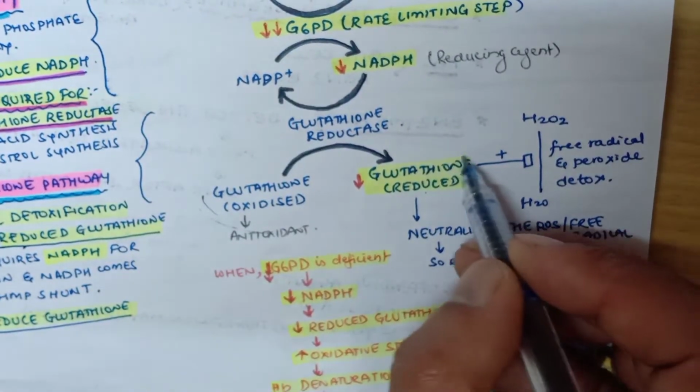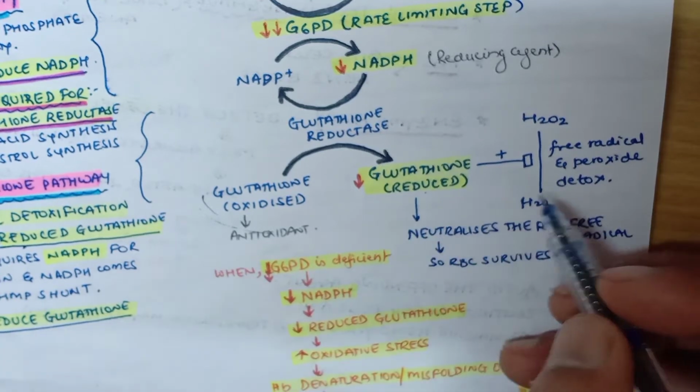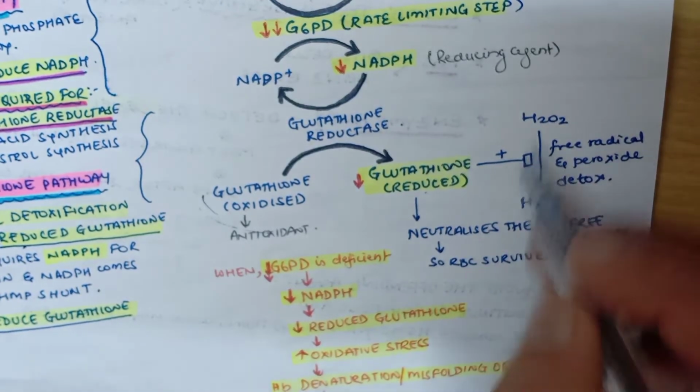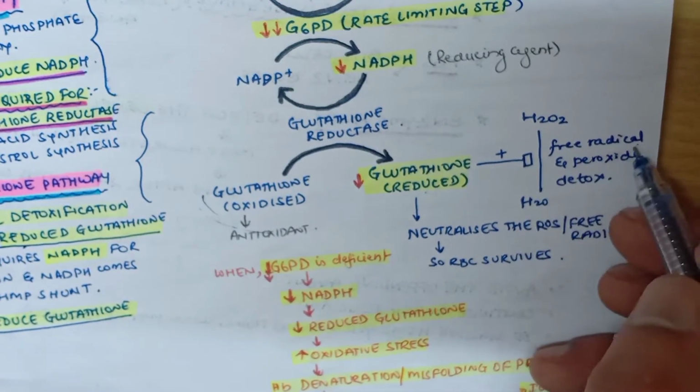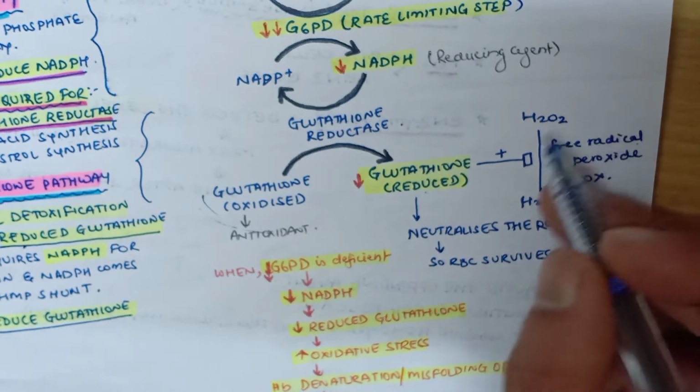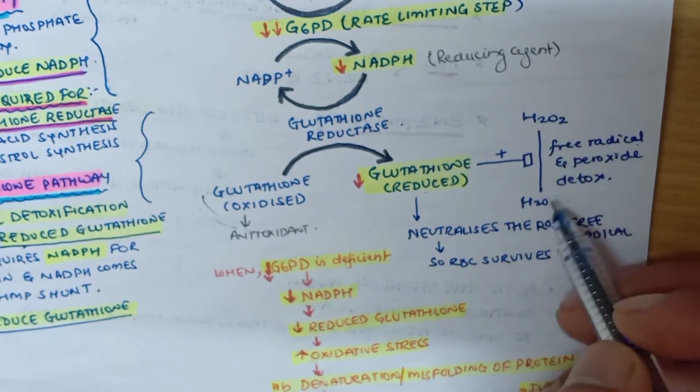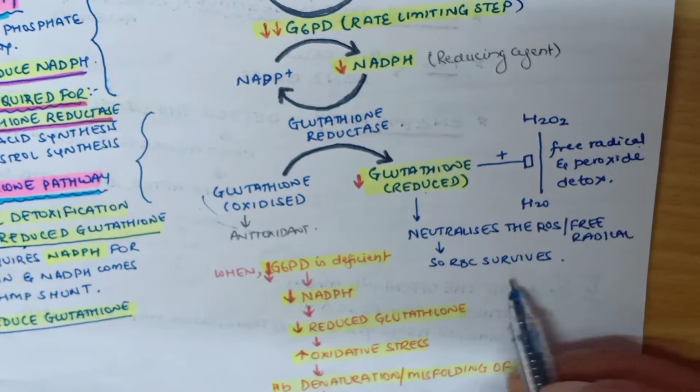Now the reduced form of glutathione will neutralize the free radicals. They will cause free radical and peroxide detoxification. So peroxide gets converted into water, so the RBC will survive.